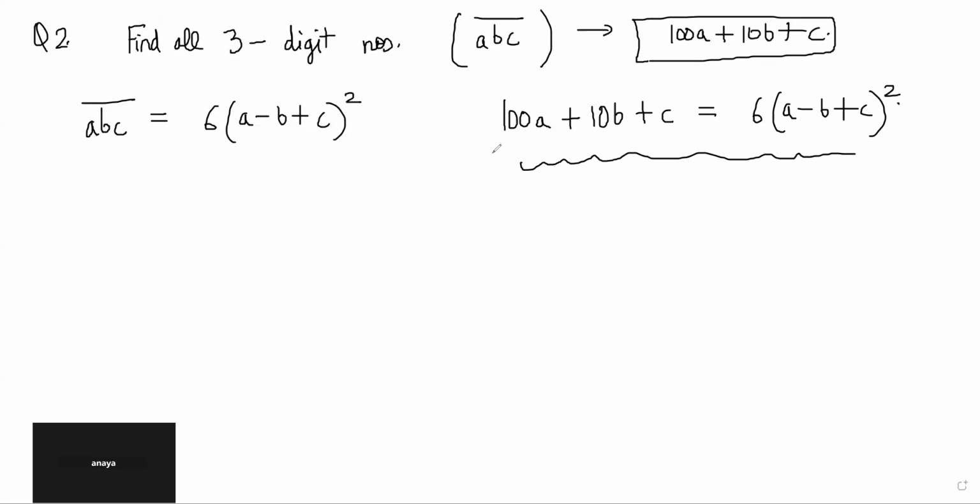First of all, when we write a number like this, we know A is not equal to 0, and we know B and C are greater than or equal to 0, could be 0, right? So what are the possible values of A minus B plus C? What is the range of values of A minus B plus C?